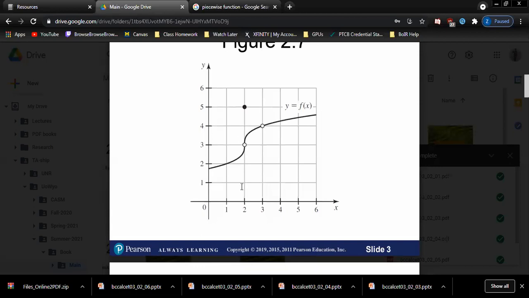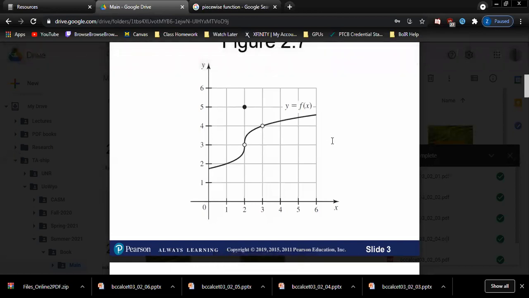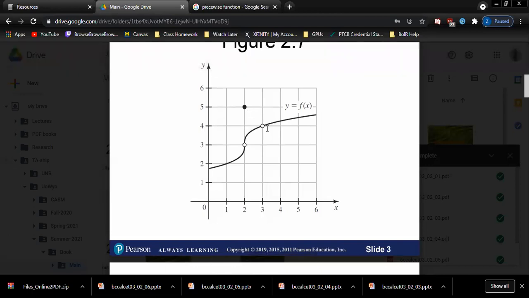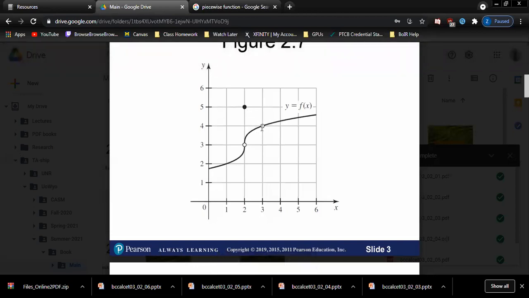And at x equals 2 and 3, as I said, there's a break. That means the function is not defined there. Although we have a separately defined value at x equals 2, we have nothing at x equals 3. There's a break. So you can come up to 3, then at 3 you don't have anything, then after you cross 3 you again have the function.